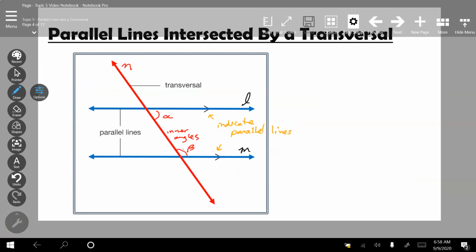So here's the situation I was talking about. Lines L and M are parallel. How do I know they're parallel? Because when I drew them, I put these little extra arrows on these lines to indicate they're parallel. I have my inner angles alpha and beta coming from line N, the transversal. So basically, this is what's going on.